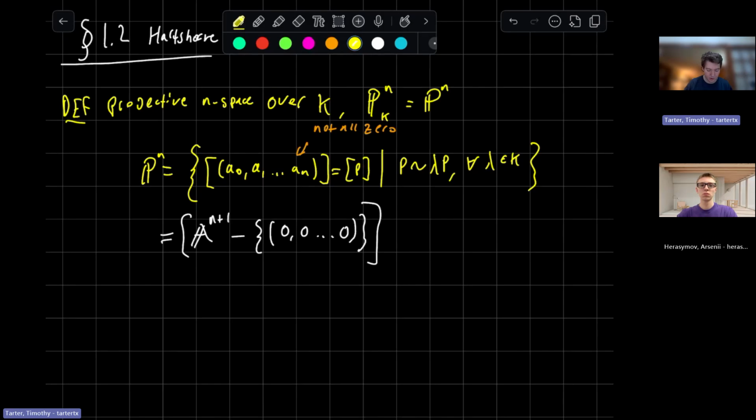But yeah, and so this is going to be the quotient by the set of all g such that f, g are collinear.